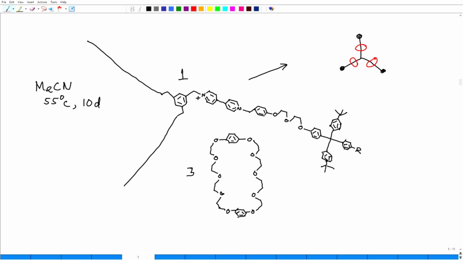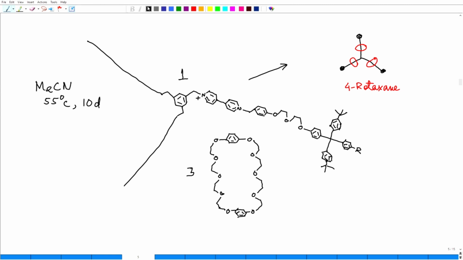So, you can form like this, and that I will call 4 rotaxane. 1, 2, 3 and then this unit 1, 4. So, 4 rotaxane can be synthesized like that.